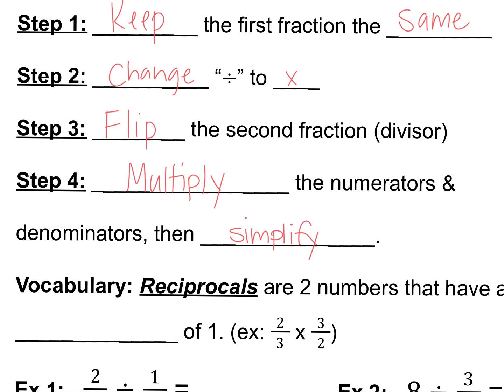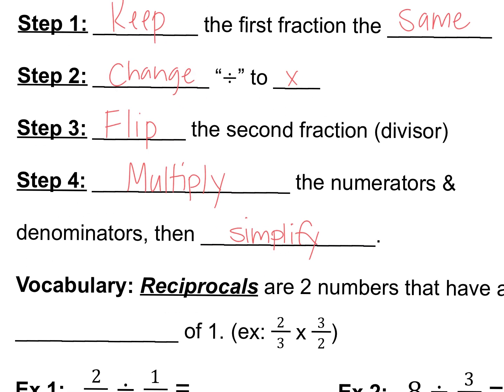Now, there's a vocabulary word that I wanted to let you know about because it is important that you understand why we are flipping that fraction. When we flip a fraction, we are calling it the reciprocal. Reciprocals are when you have two numbers that have a product of 1.